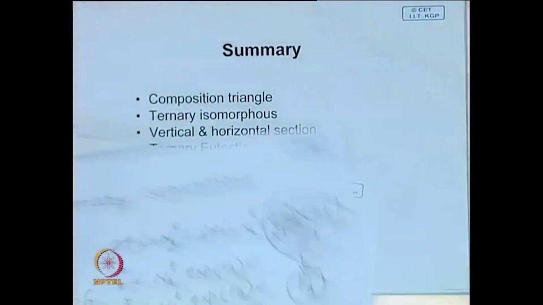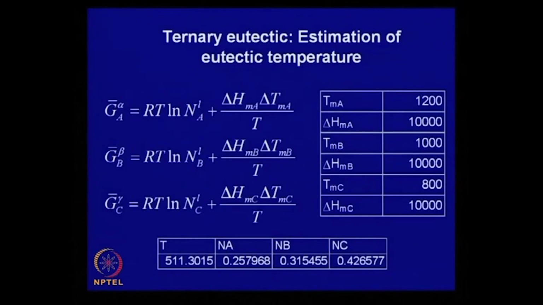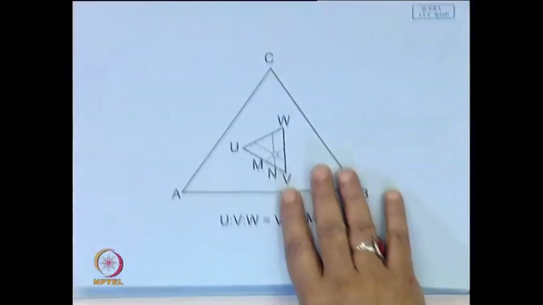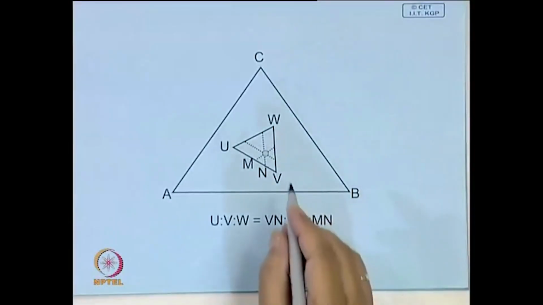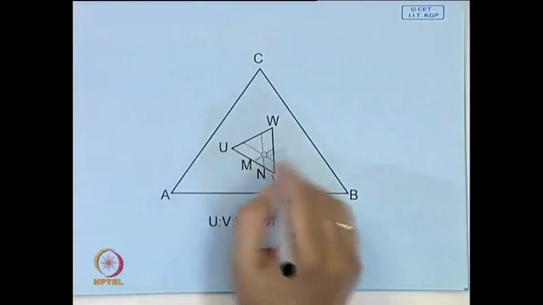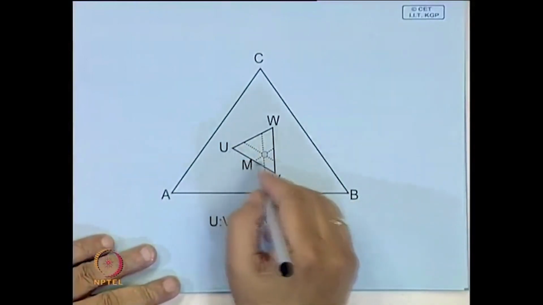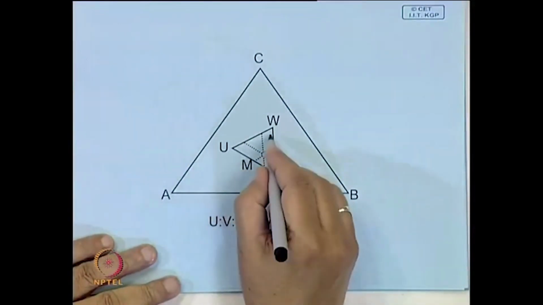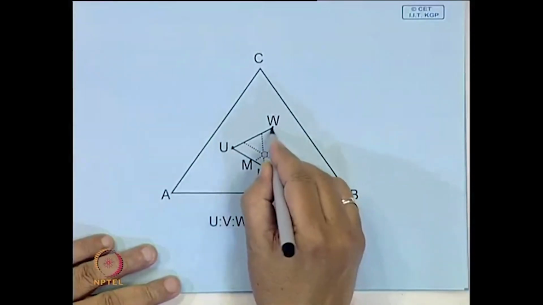Now, one point is that in this ternary diagram, or in a multi-component system, you often may have to apply a material balance where 3 phases, or multiple phases, are coexisting.